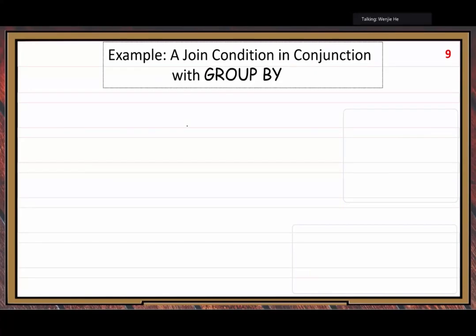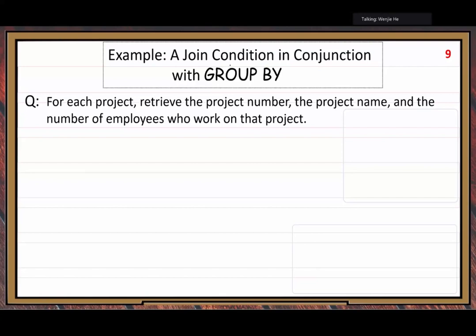So a join condition in conjunction with the group by clause. When I graded your midterm, a few students already used it this way. So let's look at this example.